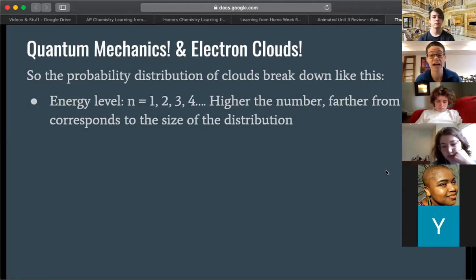And you should know that the higher the number, the farther away from the nucleus that energy level is, which means it's bigger. So a number 1 is going to be small compared to a number 2, 3, 4, et cetera. That's all common sense and basically sounds exactly like Bohr. It's all the other stuff I'm going to say that's a little different.